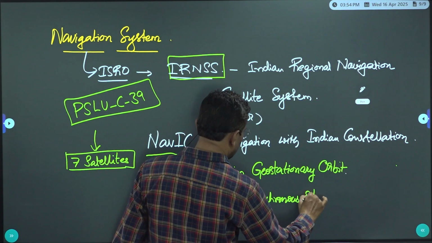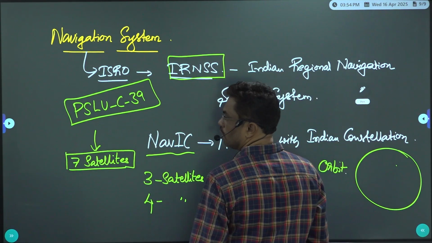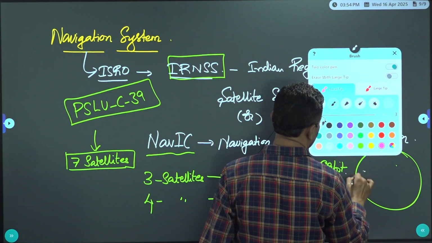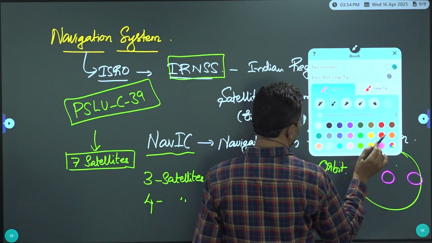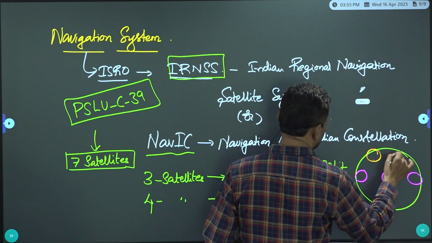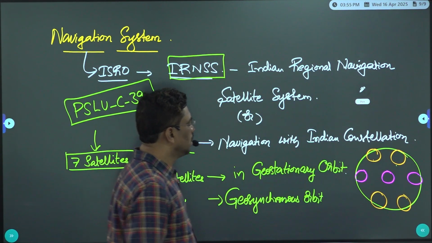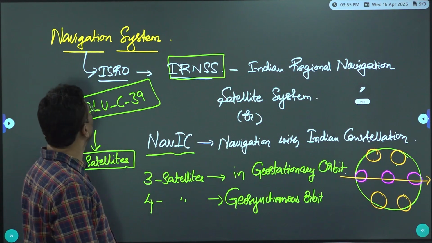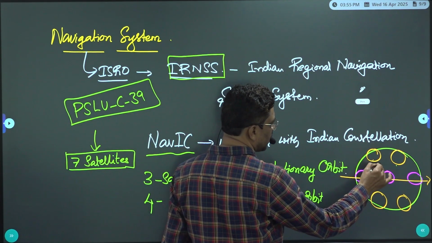Suppose this is a globe. Here 3 satellites are in geostationary orbit, and the 4 satellites like this are in geosynchronous orbit.